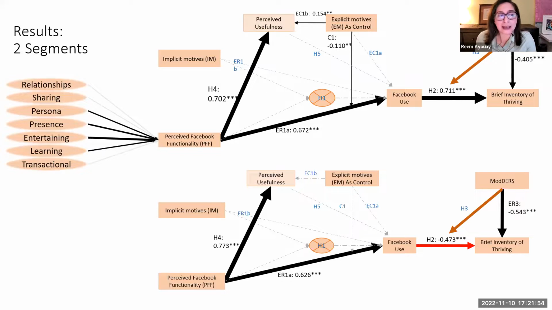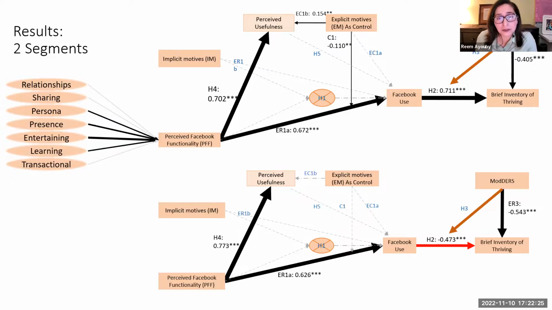So I had lots of measures that made up this perceived Facebook functionality. And they were in these dimensions: relationships, sharing, persona, presence, entertaining, learning, and transactional. Each one had multiple questions, and there's another layer of detail that I won't get into now.